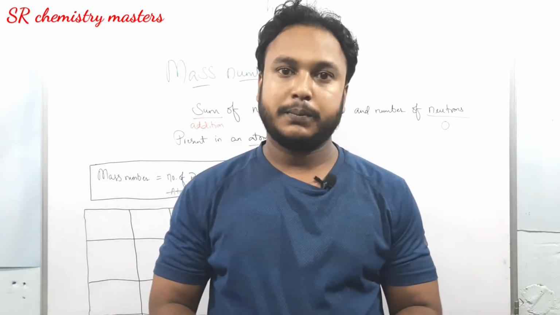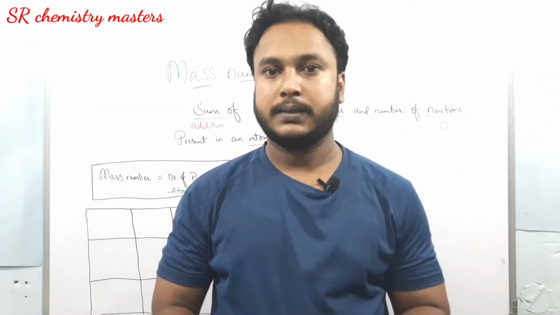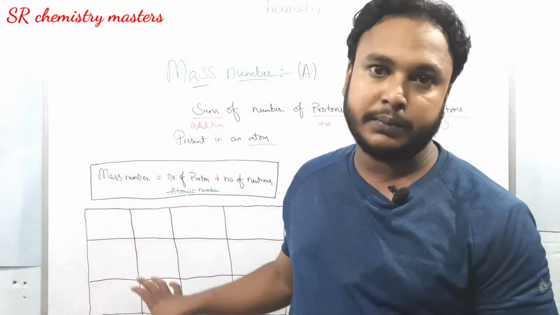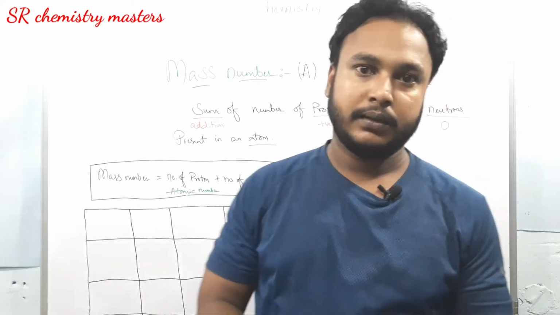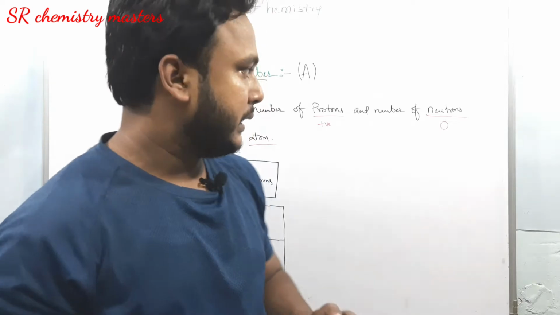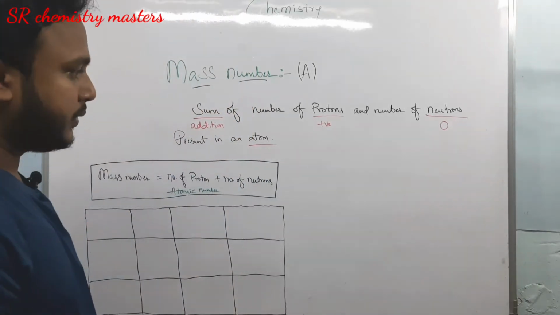Now let us see some problems related to the mass number. Here we have prepared a tabular form so that it will be easy for you to compare. Rather than writing the question, we are going to use the tabular form here. In the textbooks you can get the question.